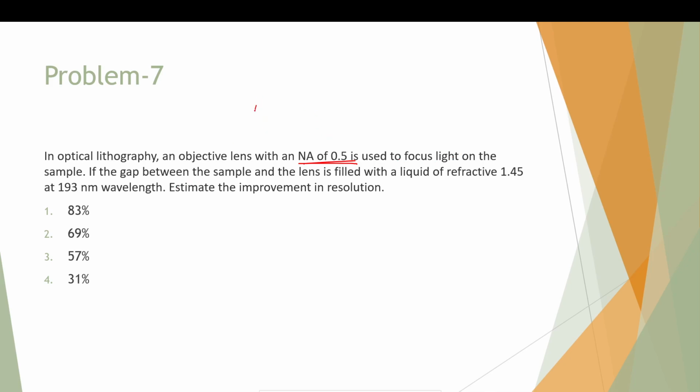They have given Na to be 0.5, and they have also given the wavelength as 193 nanometers. Now they are putting a liquid of refractive index 1.45, and because of this liquid we have to estimate the improvement in resolution.